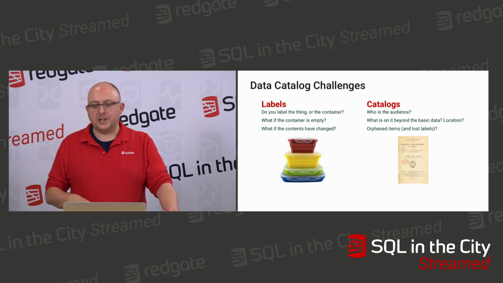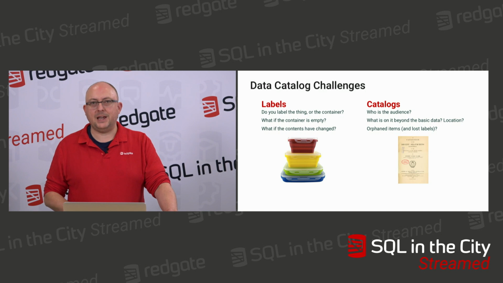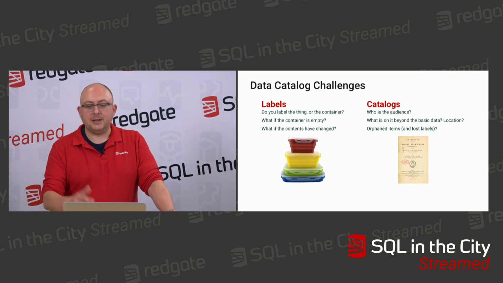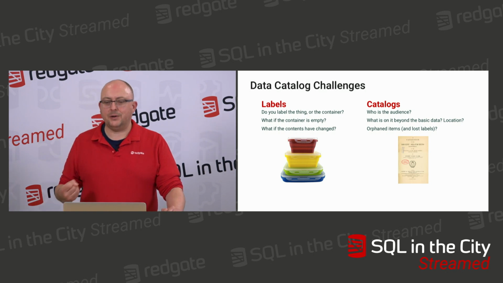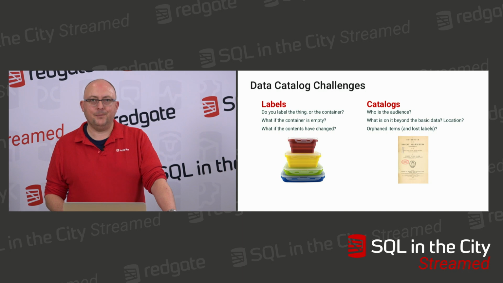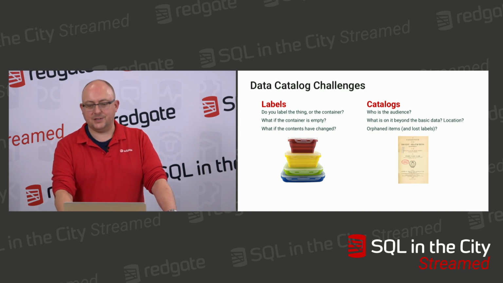Or do we also want those labels to drive our behaviors, to help our decision making? And what do we do when the label is present, but the information it's describing is no longer present? We can look back at the history of library sciences. We can look at how catalogs have been treated historically. And I think we need to bring some of that to bear on the SQL Server data estate.